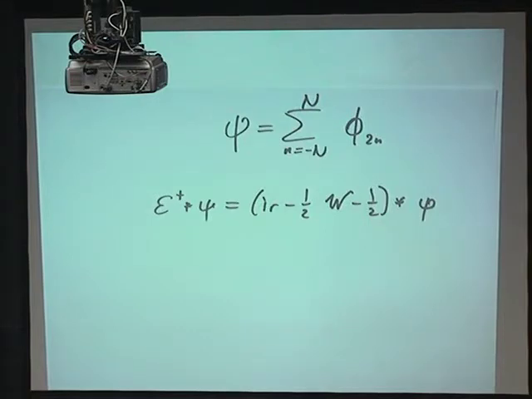What else happens? Well, the weights shift, right? So the sum is then not a sum any longer from minus n to n, but it should be a sum from minus n plus 1 to n plus 1. Because E plus changes the weights. However, these things that are far out will be irrelevant for what we are going to do, because we are taking the inner product of that multiplied with f, inner product with phi 0.